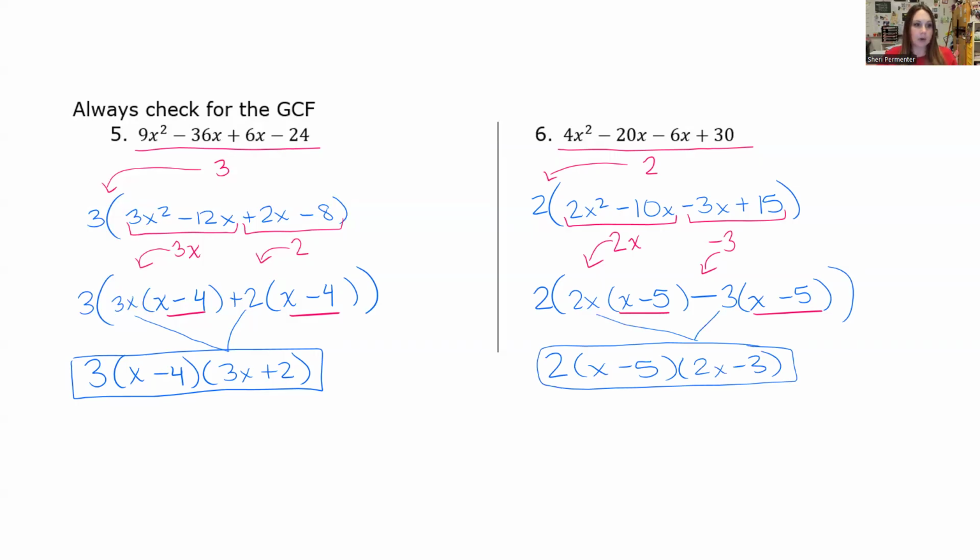So again, I want to point out that part of my answer is the 2 as my first GCF. This is my second part of my GCF. And this is my third GCF. Those are all parts of my answer. 2, 2x minus 3, and an x minus 5.